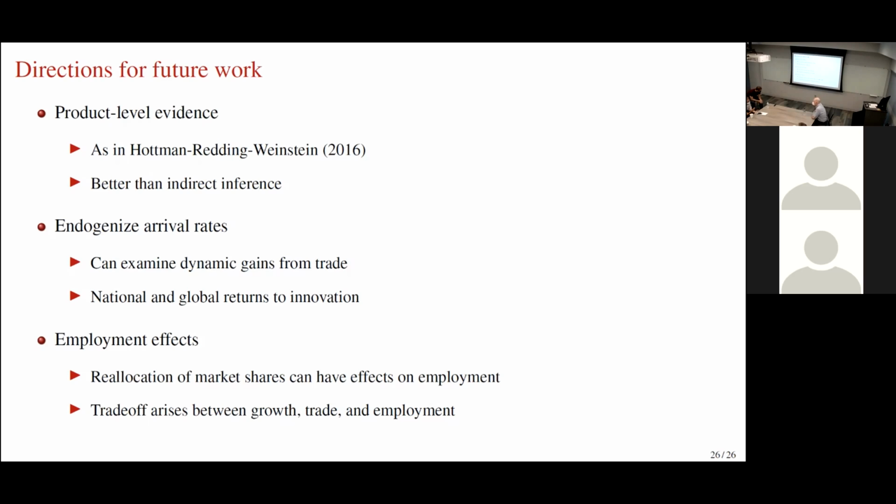It's hard to sustain it. So maybe you want to add multiple sectors, materials, FDI.